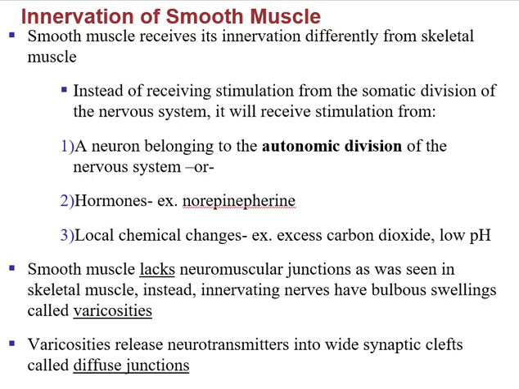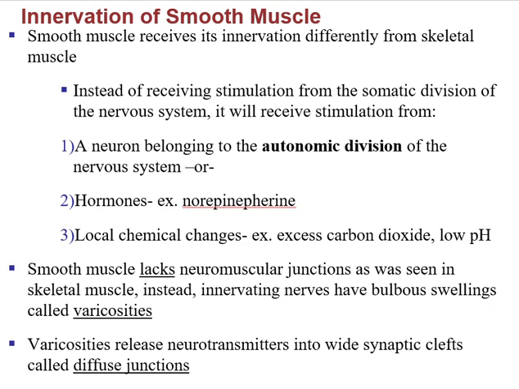And when it comes to smooth muscle, it's not innervated by somatic nervous system neurons. Instead, it's innervated by neurons belonging to the autonomic division of the nervous system. It uses hormones like epinephrine and norepinephrine, and does very much respond to local chemical changes such as excess carbon dioxide or an acidic pH. Smooth muscle also lacks neuromuscular junctions.